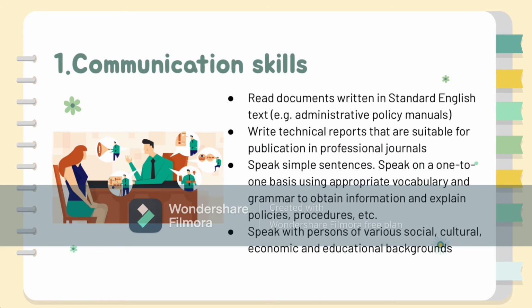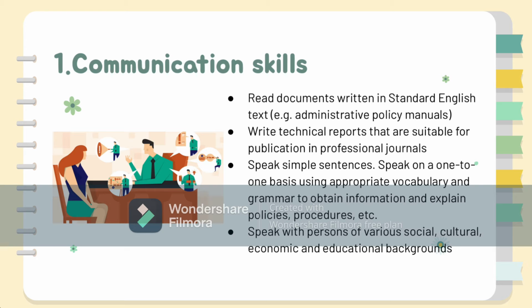So the first skill that I am going to discuss is the communication skill. In order for a person to improve his or her communication skill, he or she should read documents written in standard English text, for example, the administrative policy manuals. Also, he or she should write technical reports that are suitable for publication in professional journals.